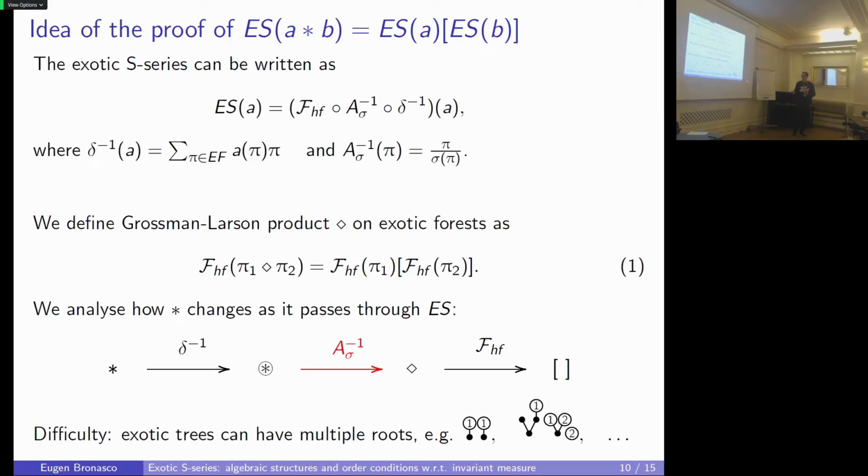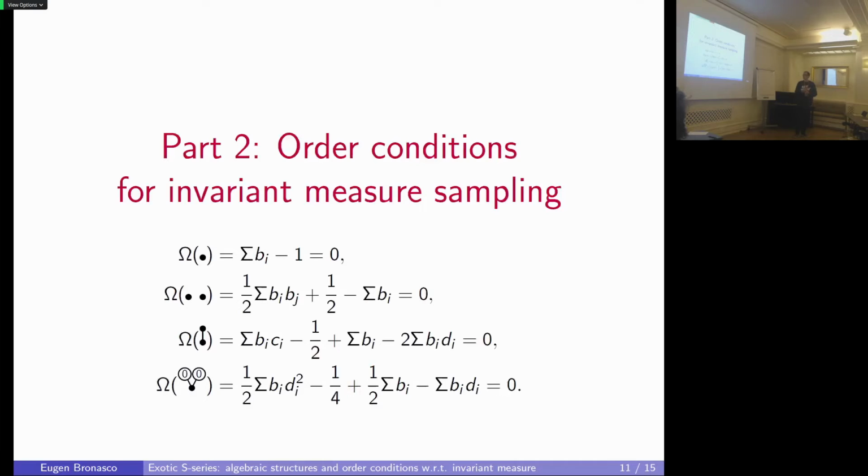Here we have an exotic tree with 2 roots and an exotic tree with 3 roots, and these are trees because we cannot split them further into subtrees without cutting some edges or breaking some pairings. So we found an alternative approach of proving this fact that also works in our case. And this finishes the first part.